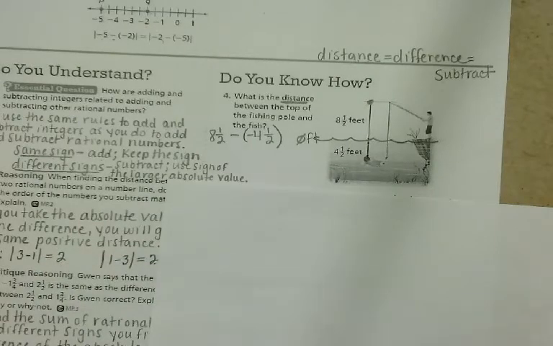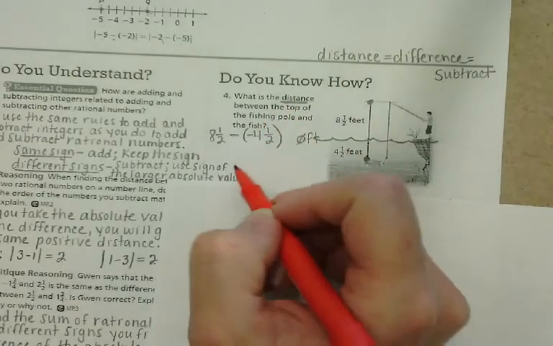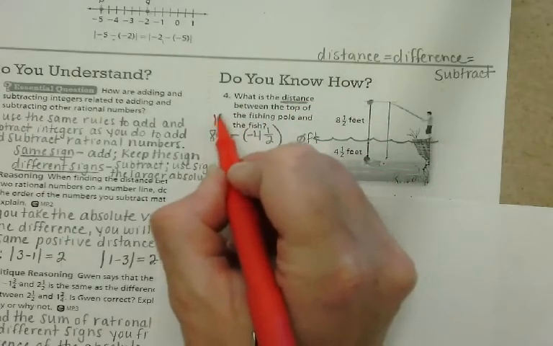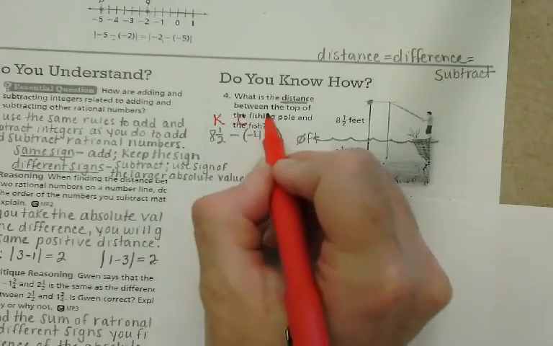Now to solve this problem, especially without a calculator, you're going to remember your rule with subtraction. You want to turn it into an addition problem using the additive inverse. So we are going to keep, change, change.